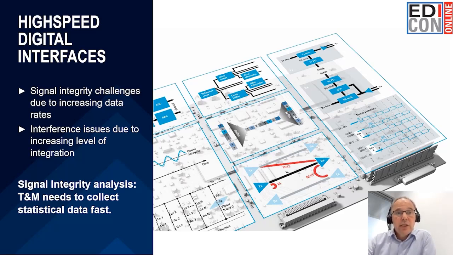The second challenge really is that we have more and more components combined on one design, so there's also the likelihood of interference from one IP block to the next. So this means I need some good solutions for signal integrity analysis, and I need test and measurement equipment that collects data fast so that I have a good basis for statistical analysis.